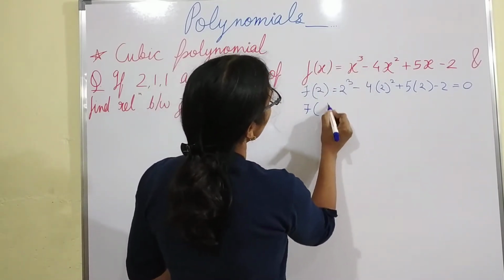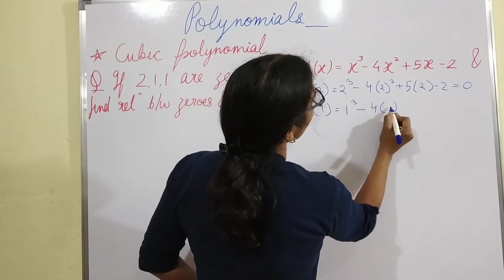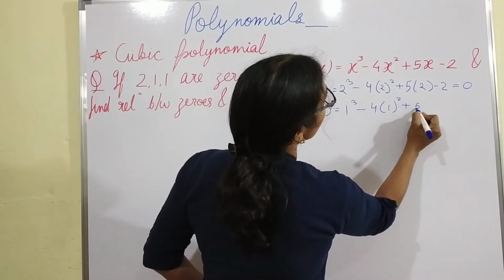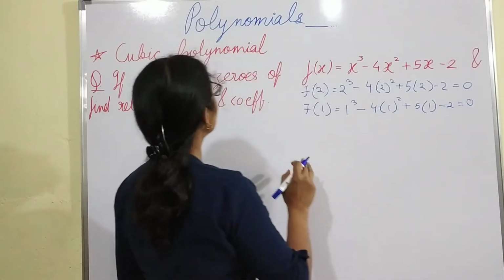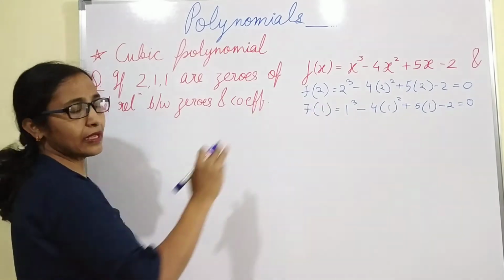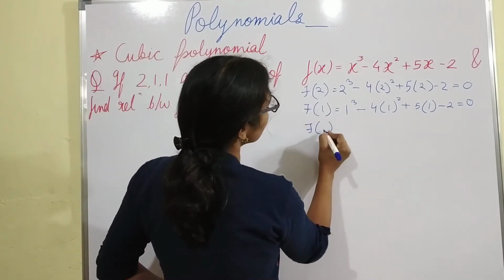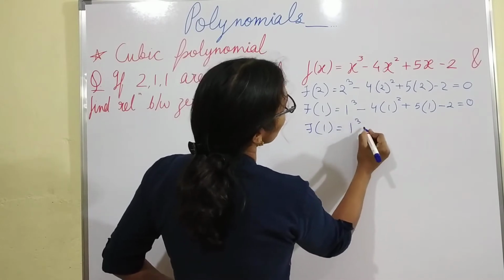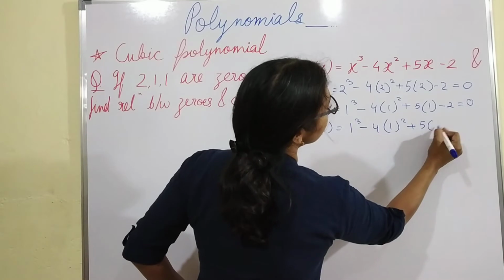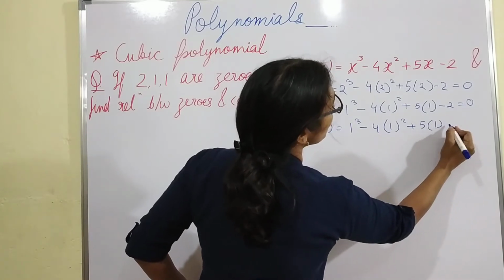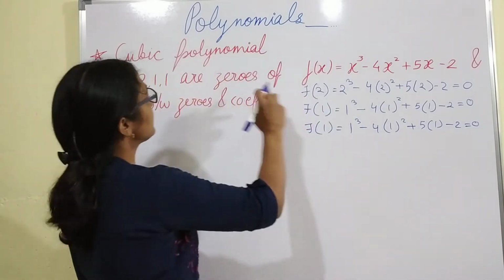Then 1 cube minus 4 times 1 square plus 5 into 1 minus 2 also equals 0. Actually it is given here that they are zeros, so I am directly writing 0. The third zero is also 1, so 1 cube minus 4 into 1 square plus 5 into 1 minus 2 equals 0. So these are zeros.